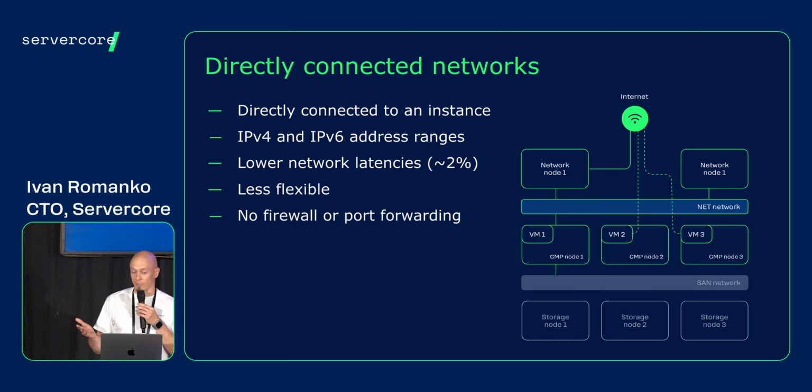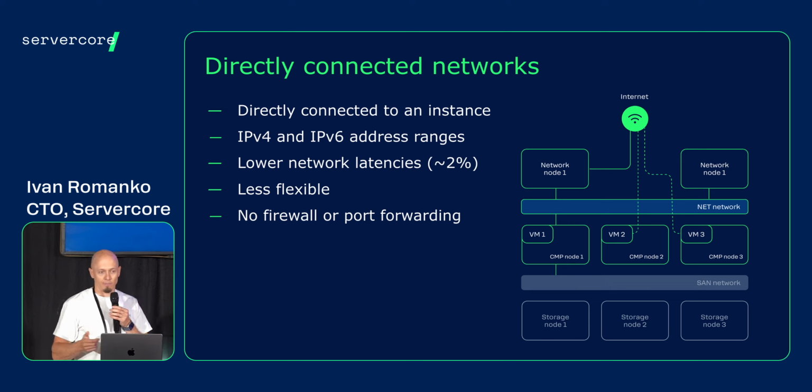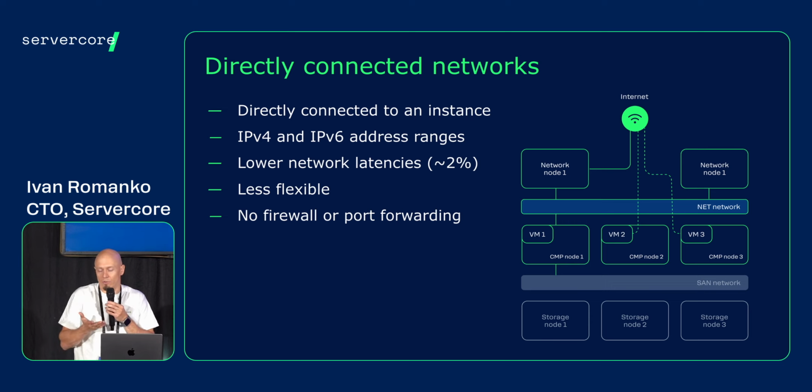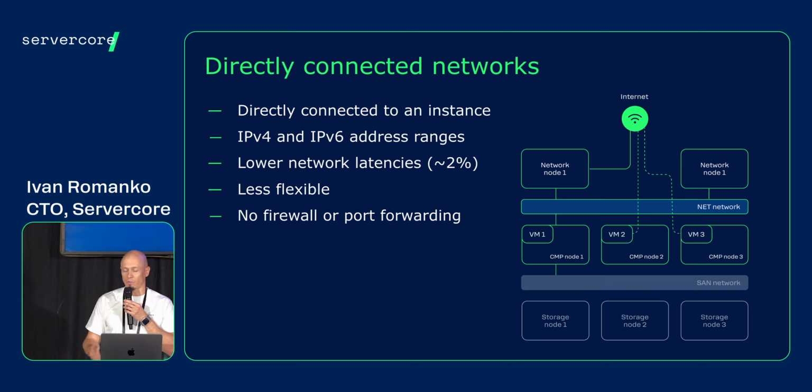Why can it be interesting? First of all, if you got used to using bare metal networks, because you have experience working with server equipment, you have your own servers, you got used to seeing an IP address directly inside the network configuration of your server, directly connected networks are for you.